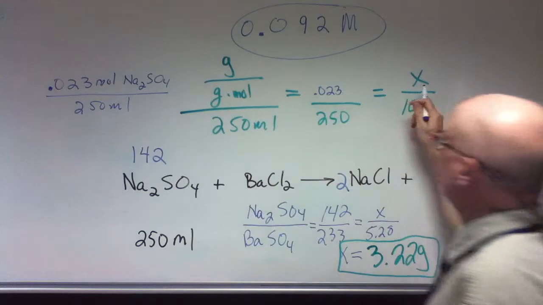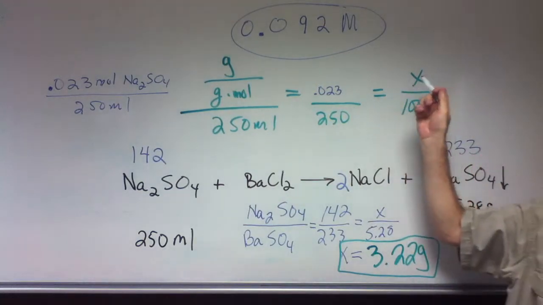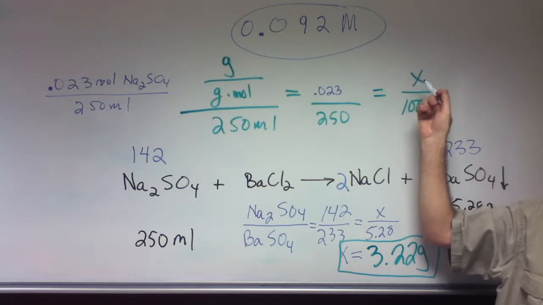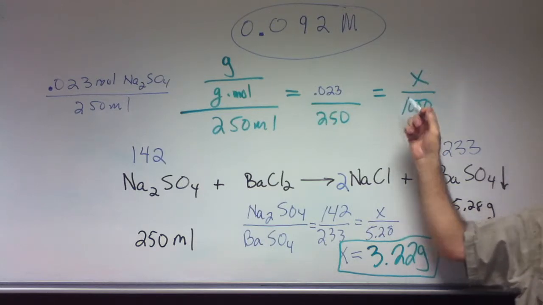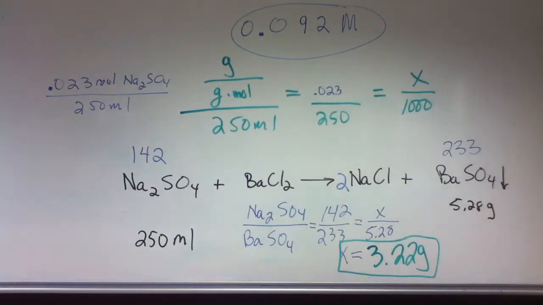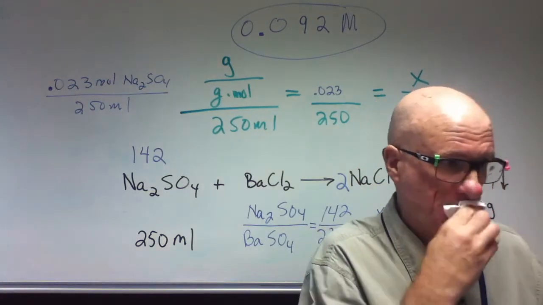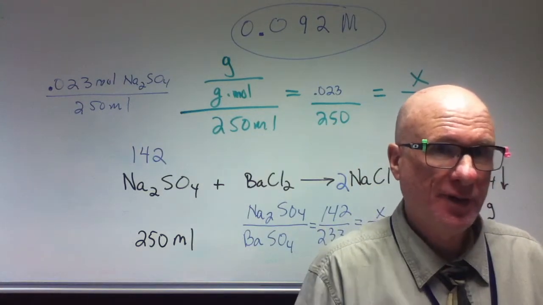Because X is going to be 0.092 moles, right? 0.092 moles over 1,000 milliliters is the same thing as 0.092 molar. Okay? That fits on the screen perfectly. All right? So that number is number 100. You all right with that? Okay.